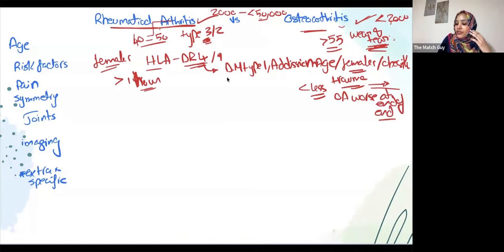Okay, what about symmetry? Which one is symmetrical? Which one is asymmetrical? So symmetrical is rheumatoid. Very good. So this is asymmetrical. That's in terms of joint involvement across the left and right side of the body, as well as the joint itself, the loss of joint space. It's also going to be symmetrical or asymmetrical depending on the type of arthritis that you have, right?